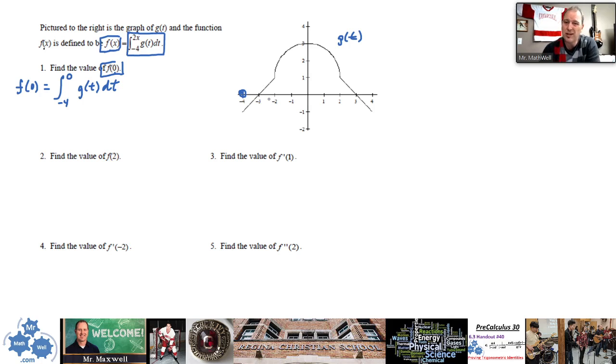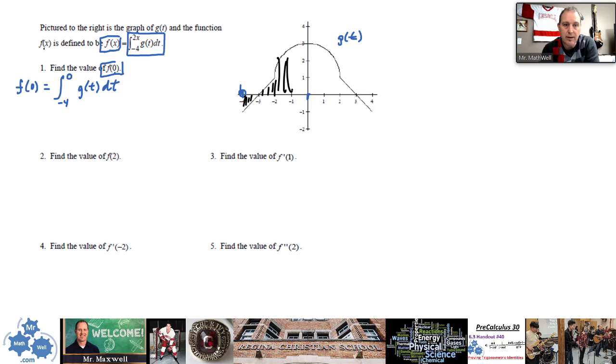Of course, the integral is expressed also as the area under the curve and above the x-axis, or below the x-axis and above the curve, right? So from -4 to 0, I'm going to look for this area here. I've got area down here, I've got area up here.